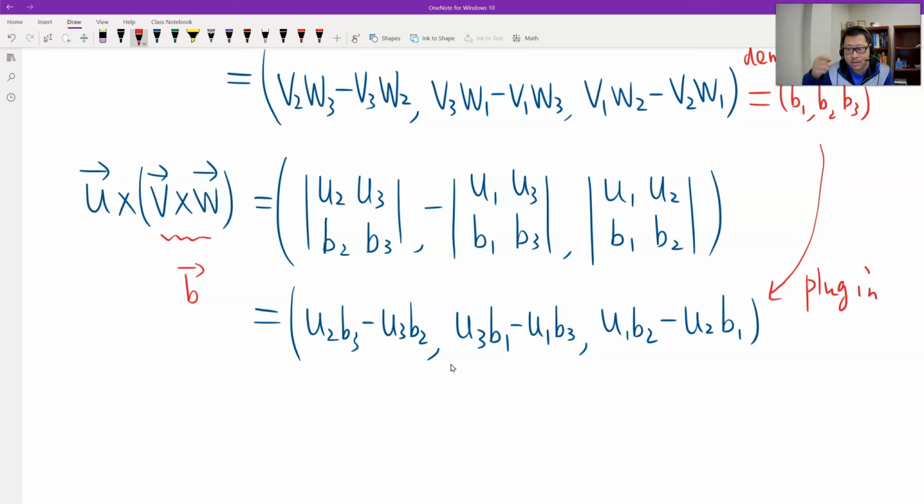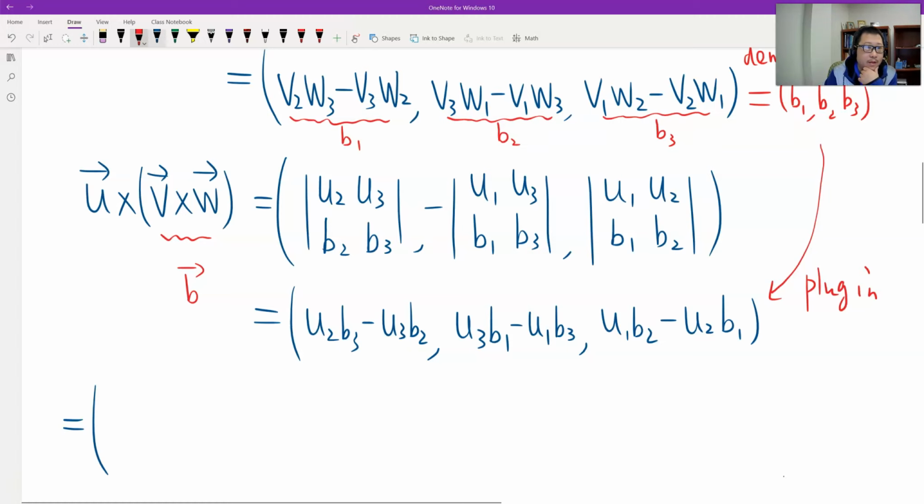This is B1, B2, B3. So a lot. A little bit long over here. Let me say this is B3, this is B2, this is B1, right? Okay, and therefore U2 B3 is directly distributed.